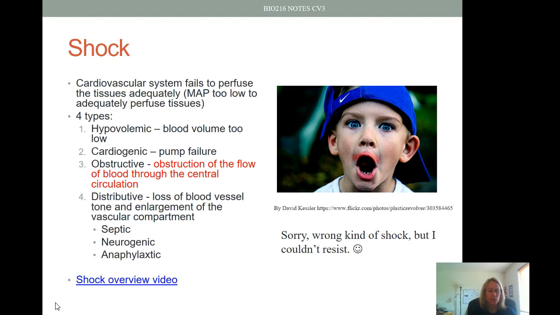Cardiogenic, which is when we have pump or heart failure. Obstructive, when we have obstruction of the flow of the blood through the central circulation. And distributive, which is when we have a loss of blood vessel tone and enlargement of the vascular compartment. Distributive can be further subdivided into septic shock, neurogenic shock, and anaphylactic shock.